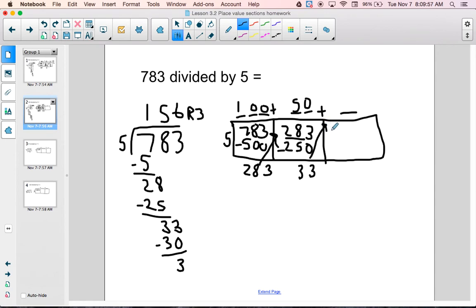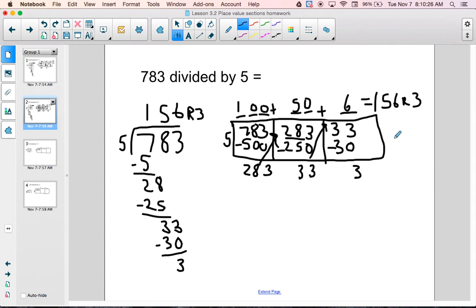Then we're going to write this up here, like this. We ask ourselves, how many times will 5 go into 33? 6 times. 6 times 5 is 30. Subtract. 3 left over. We have 156 with 3 left over.